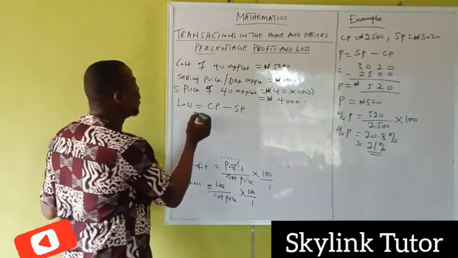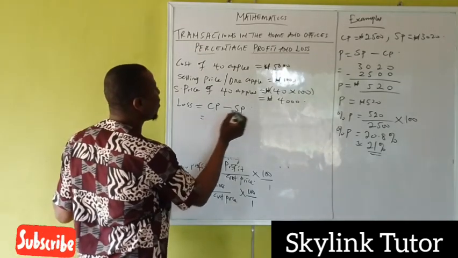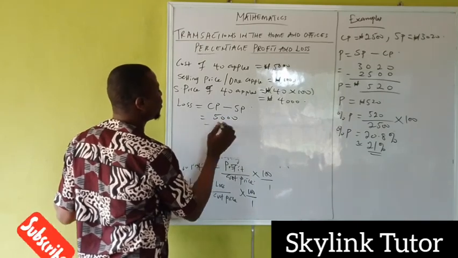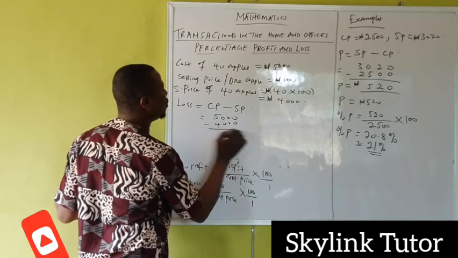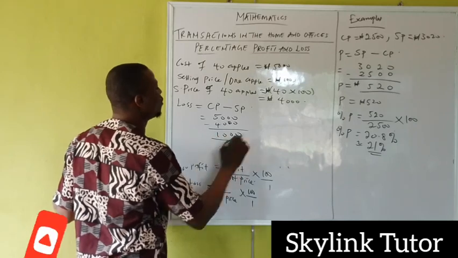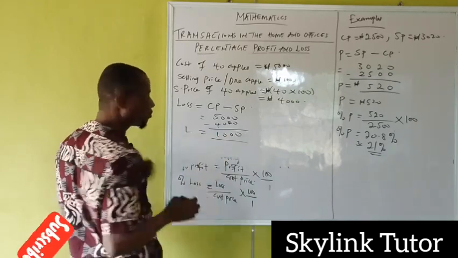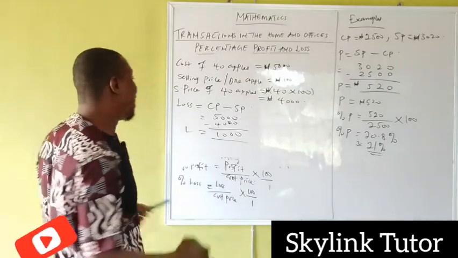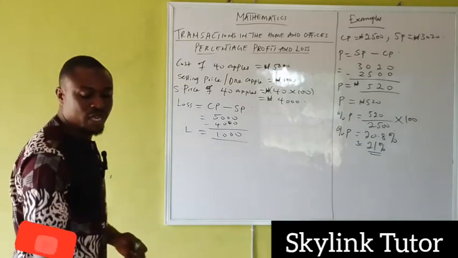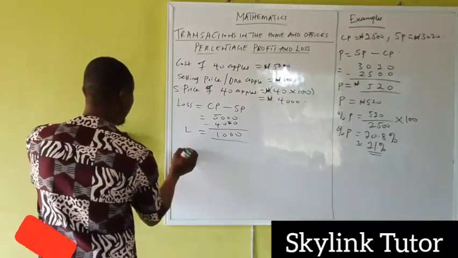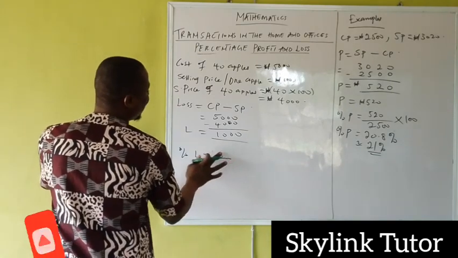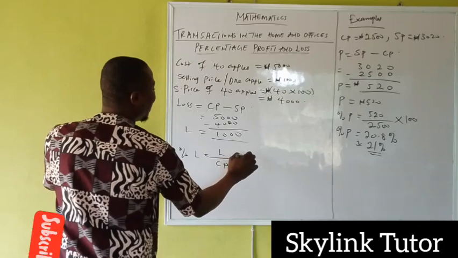After that, you are now going to have your loss to be, your cost price is 5,000 naira minus your selling price, which is 4,000 naira. 5,000 minus 4,000, you get 1,000 naira for the loss. So that means in this regard now, we are going to calculate loss percent. For us to calculate loss percent, you say loss all over cost price times 100/1.